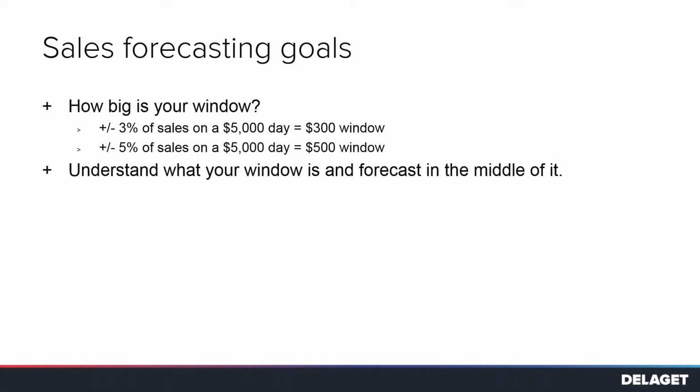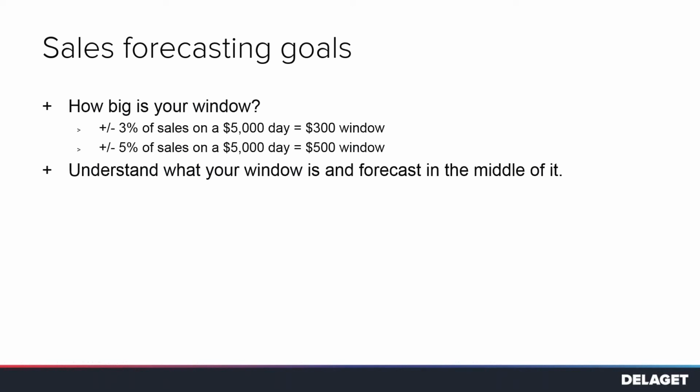Keep in mind we're talking about plus or minus 3%. So now we're talking about between $4,850 and $5,150. Somewhere in there on a $5,000 day would be that $300 window. And then in the 5% example on a $5,000 day, you have a $500 window between $4,750 and $5,250.